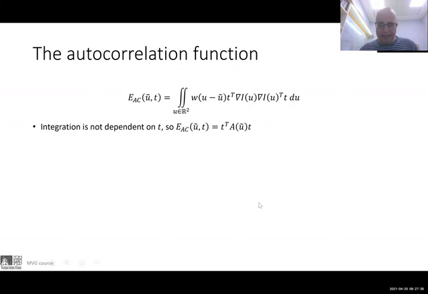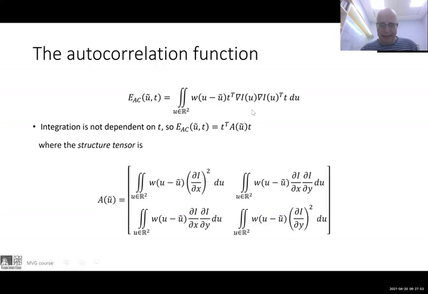So let's look again at the integral with this matrix. And what we notice is that the integral is over u, the position in the image, and not over t, the translation. So we can take t outside of the integral, okay? And look at the remaining integral without the two t's here. Now we have the same matrix as before, but now it is integrated over the window.